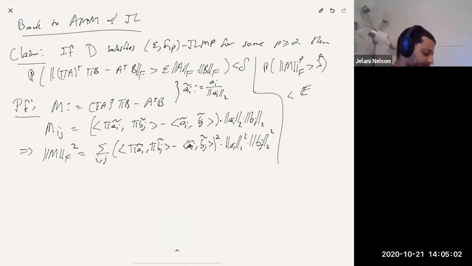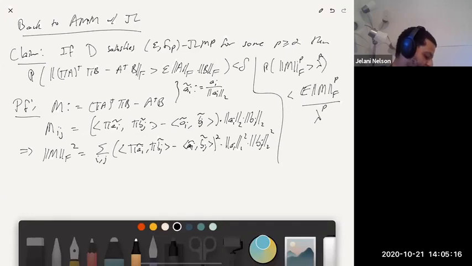That's less than the expectation of M Frobenius norm to the p divided by lambda to the p. So the name of the game right now is try to get a bound on this thing using the JL moment property. And if I can do that, then I'm golden, right? Then I can just plug it into this Markov and I'm done.